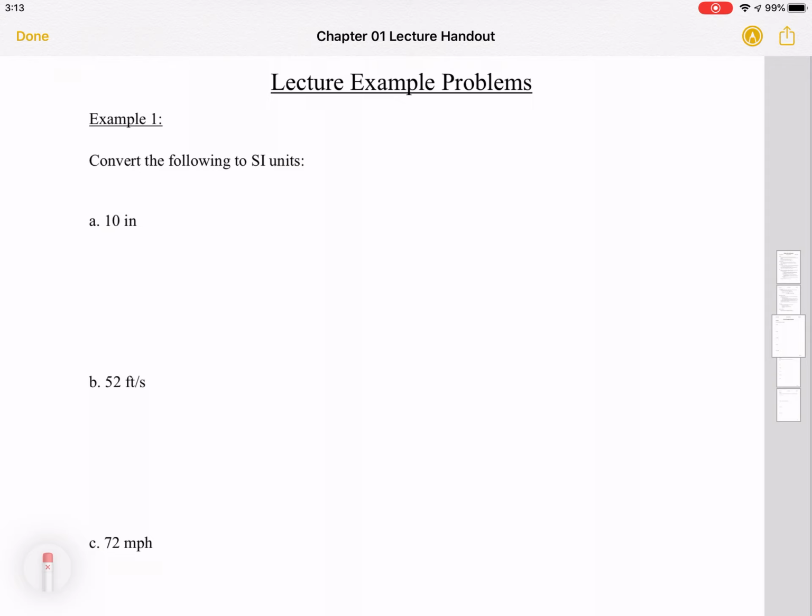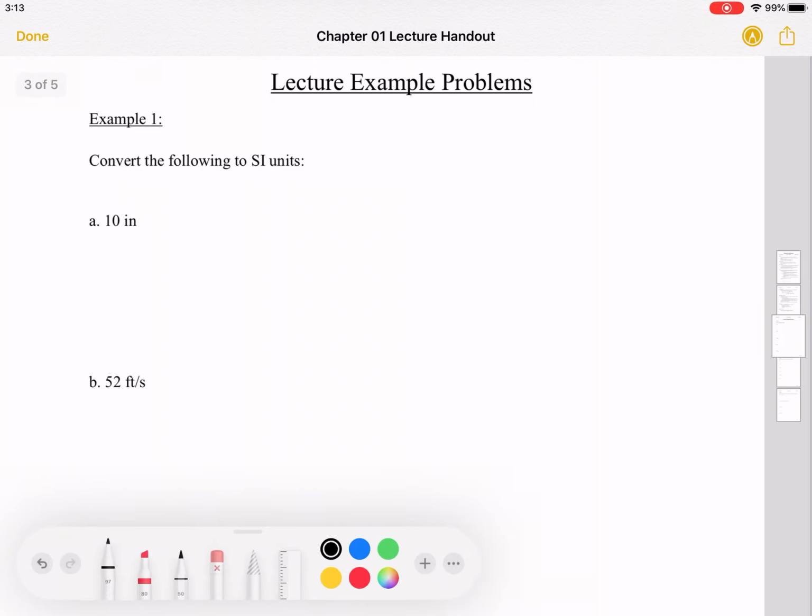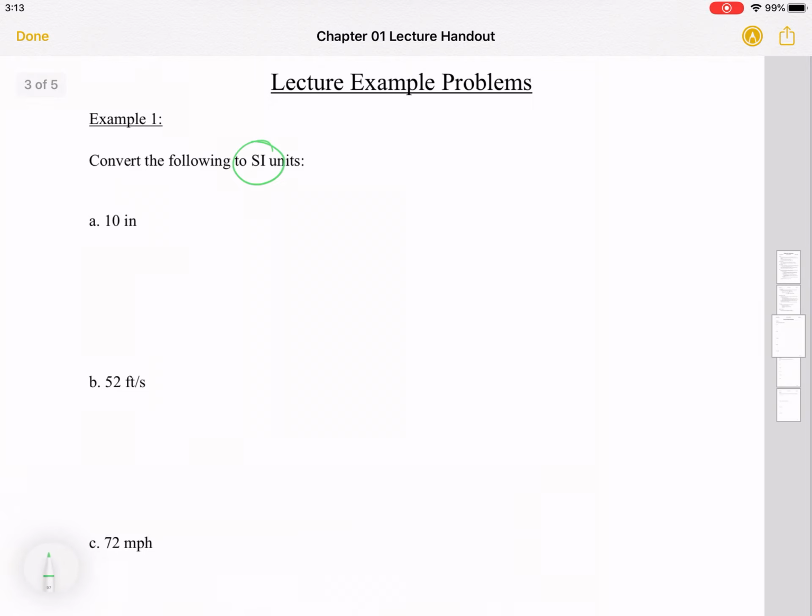But let's say you measure, like in example one here, a length in inches because your tape measure says inches and that's all it says, but we like it to be in SI units. So what are SI units? Well, SI units are the international system. It's just the set of units that the global scientific communities have generally agreed to use.